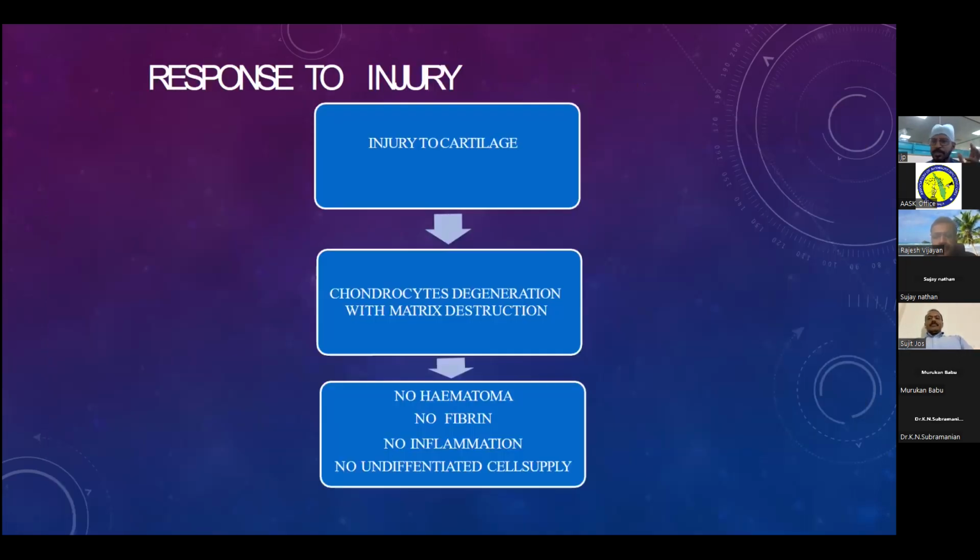So what happens to cartilage when an injury occurs? There is chondrocyte degeneration with matrix destruction. There is no hematoma because it is washed out by the synovium. There is no fibrin, no inflammation, and no undifferentiated cell supply. So the cartilage mostly goes for a fibrocartilaginous healing method.